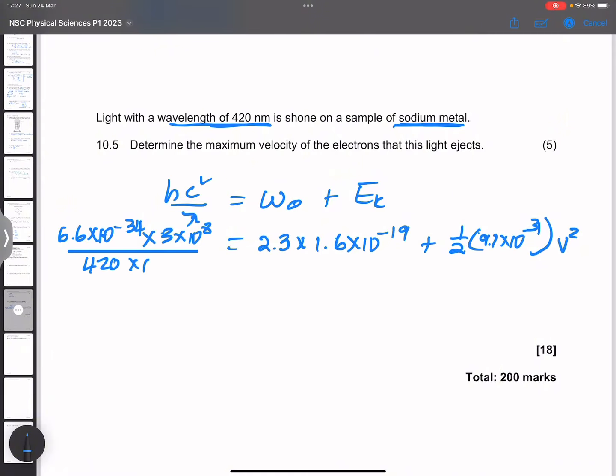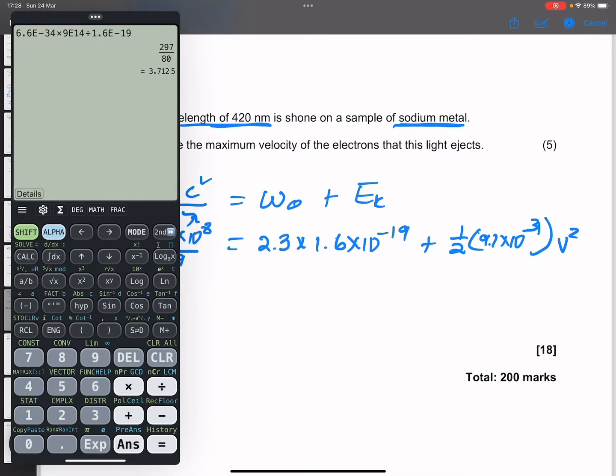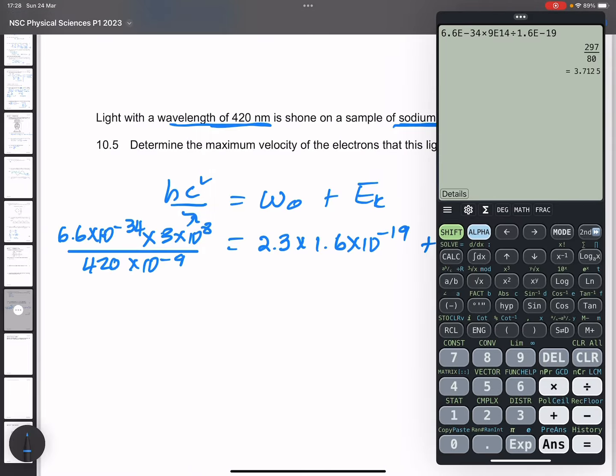So ladies and gents, all we're going to do is some mathematical gymnastics. I'm going to start on the left-hand side and say we've got 6.6 exponent negative 34 multiplied by 3 exponent 8, and this is divided by 420 exponent minus 9.